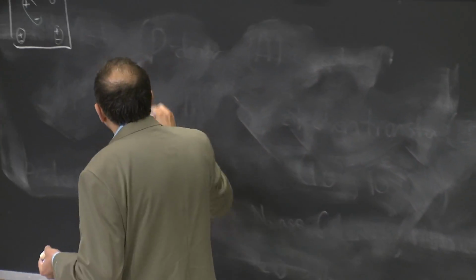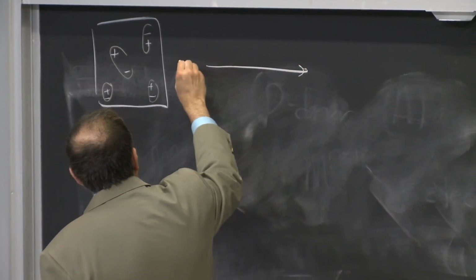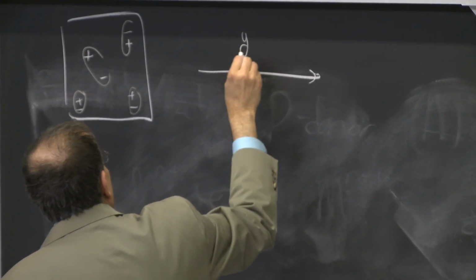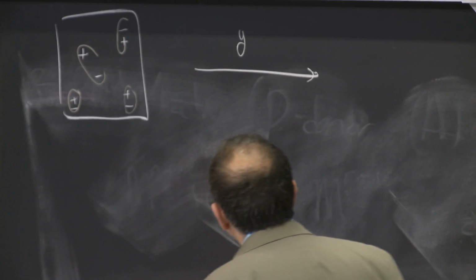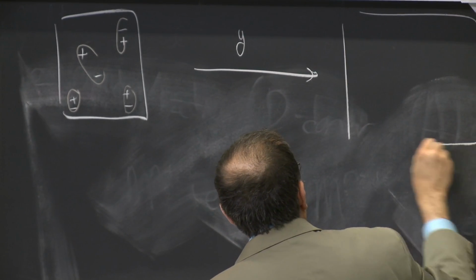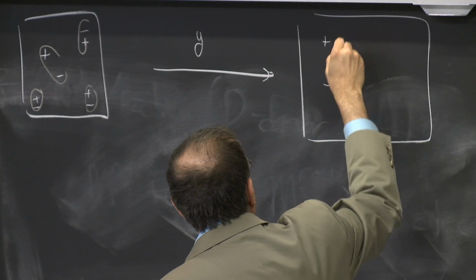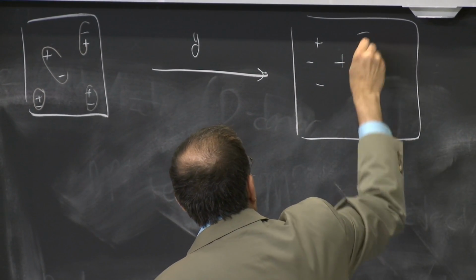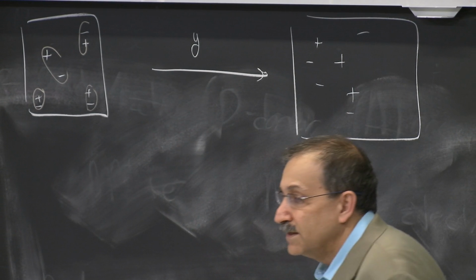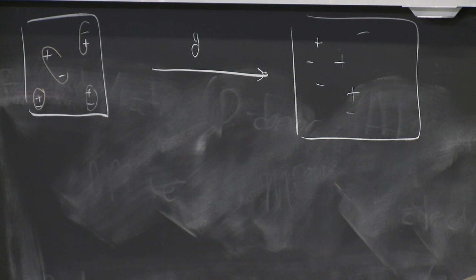And as I make y larger, then presumably I will generate more and more of these pairs. And once I have more and more of these pairs, they could in principle get into each other's way.